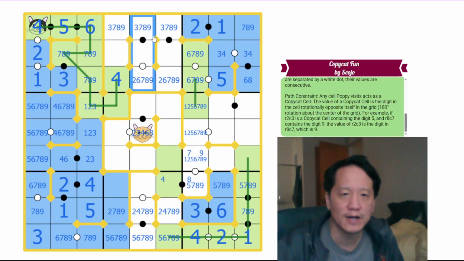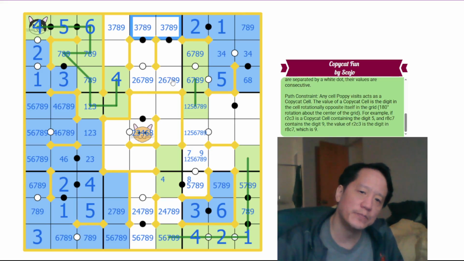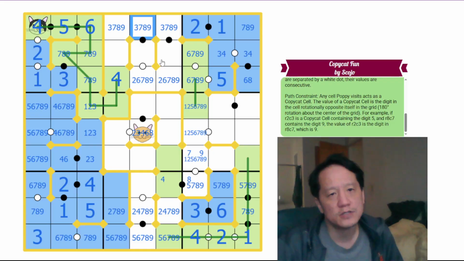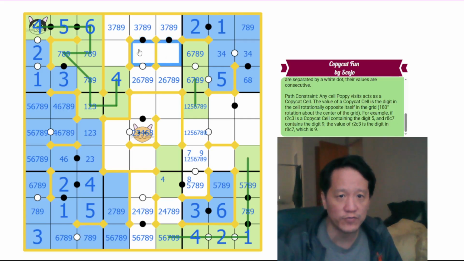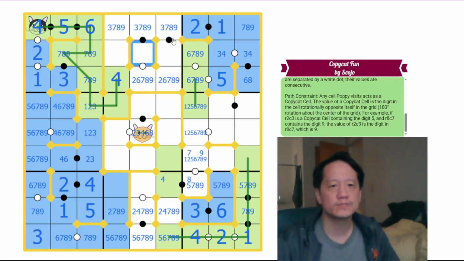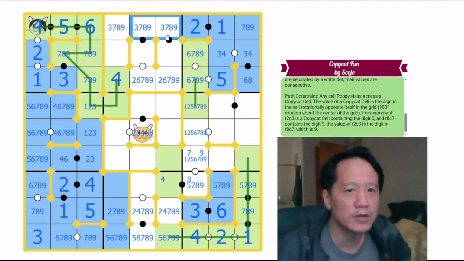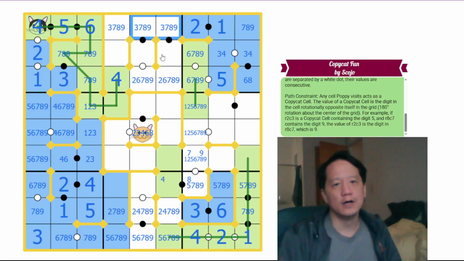So one of these has to be copycat, at least. And if one of them's copycat, it has to be at least this one. Because 8 cannot be the normal value here. We're guaranteed a 3 there. 8 cannot be a normal value here.